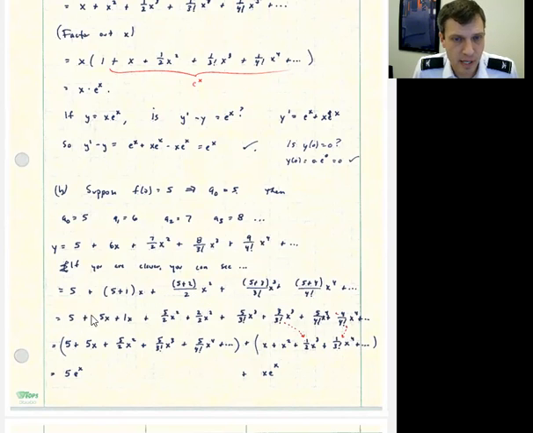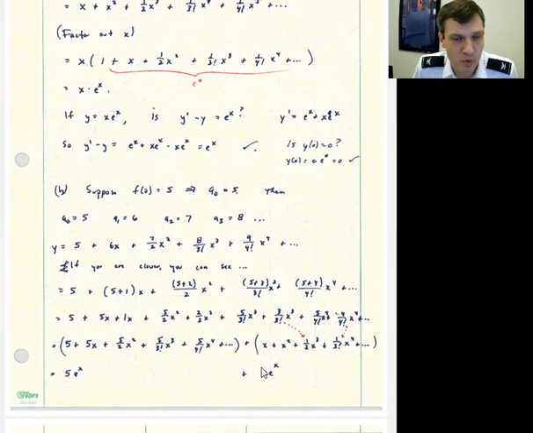I have a 5, and then this becomes a 5x plus 1x. And then this becomes a 5 halves x squared plus a 2 halves x squared. And this becomes a 5 over 3 factorial x cubed and 3 over 3 factorial x cubed. This becomes a 5 over 4 factorial x to the fourth plus a 4 over 4 factorial x to the fourth.